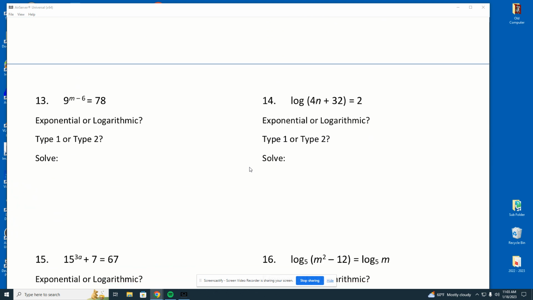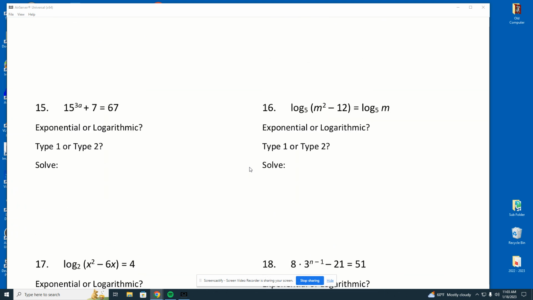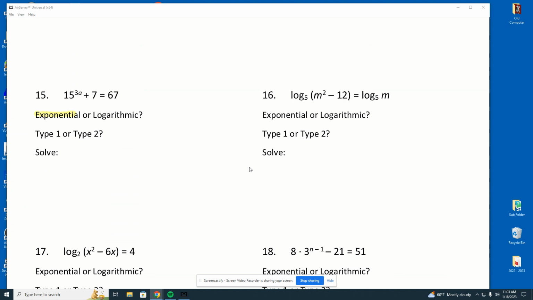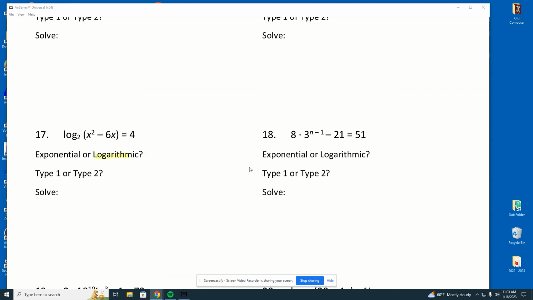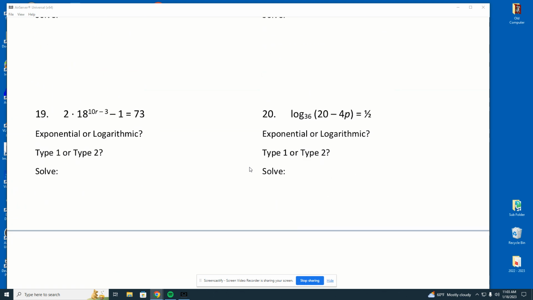Exponential. Number 13. Exponential. 14. Logarithmic. 15. Exponential. 16. Logarithmic. 17. Logarithmic. 18. Exponential. Number 19. Exponential. And finally, number 20. Okay, how easy was that?